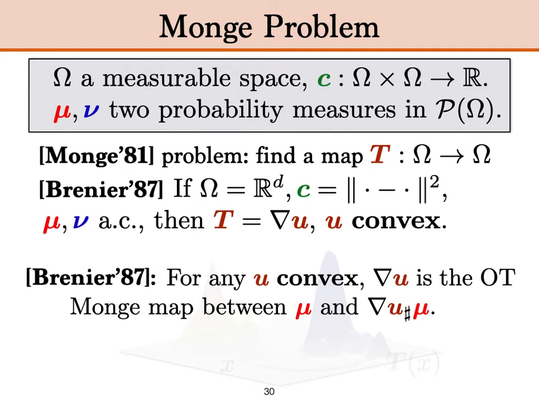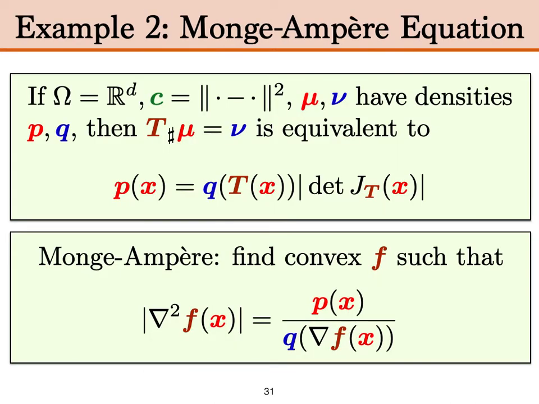You're never going to do something stupid. And so this is a beautiful result that connects convexity theory and optimal transport. And it goes a bit further than that, because what this result entails is a connection between optimal transport and partial differential equations. So let me explain.